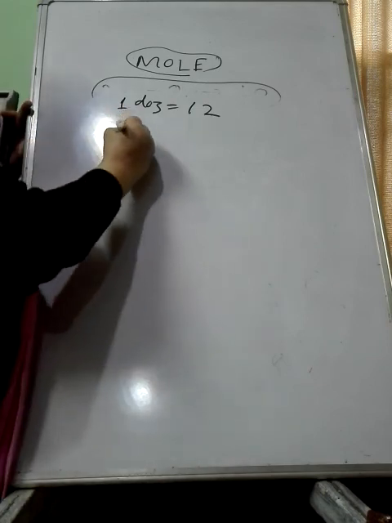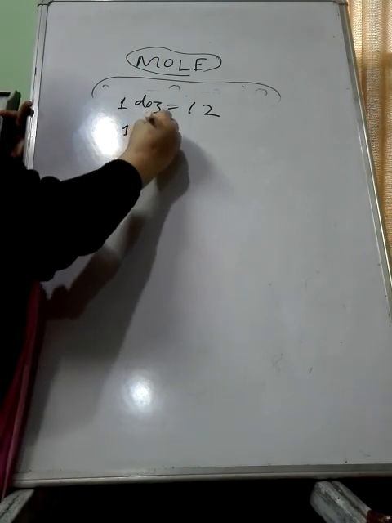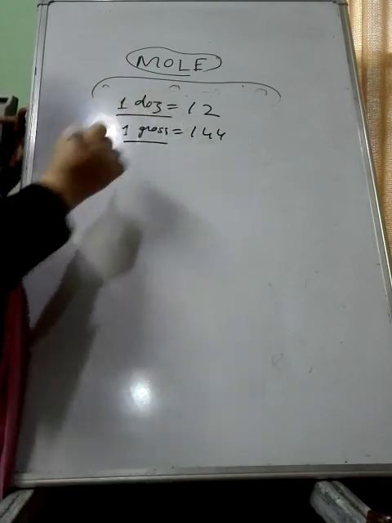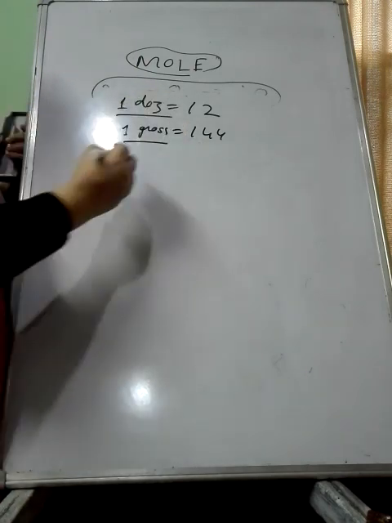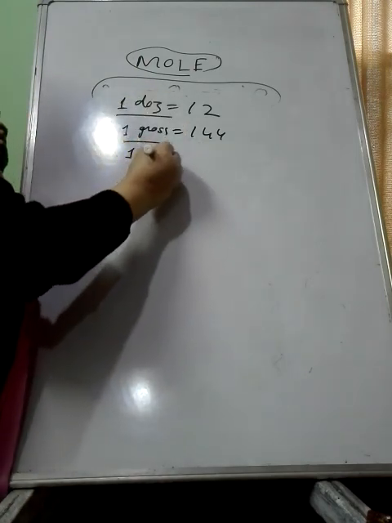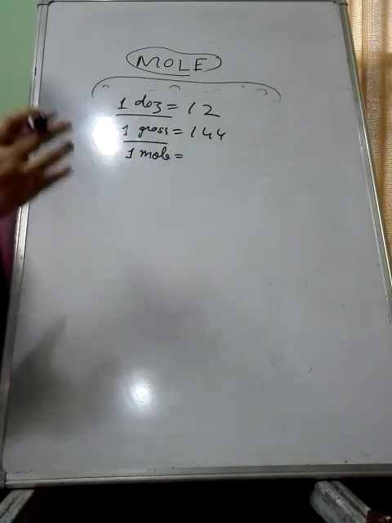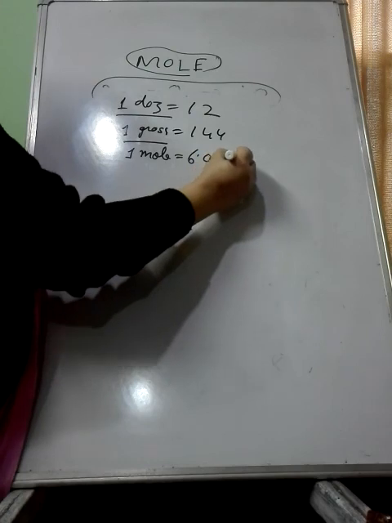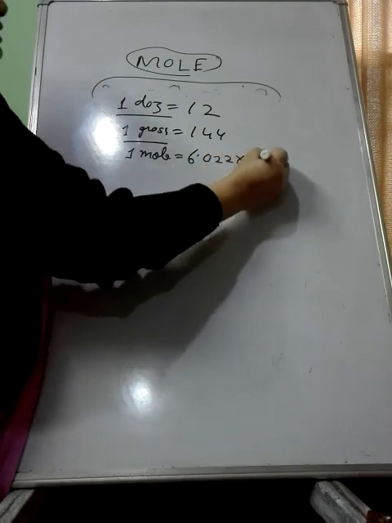Similarly, 1 gross equals 144. So these are collective words. In a similar way, 1 mole is always a calculated collective value, that is 6.022 into 10 to the power 23.